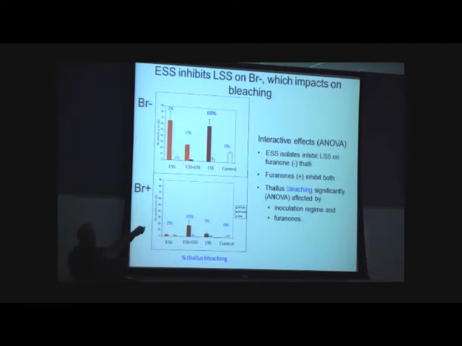And then if you don't inoculate with early successional species, but inoculate initially with late successional species, you get the release of that, and you get a great increase in bleaching of the thallus. So not only are the Furanones acting as a mechanism to prevent microbial attack, but depending on the sequence of colonization of the bacteria, it also appears to have an effect on consequences to the plant.